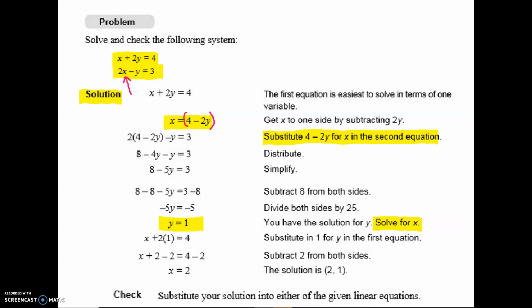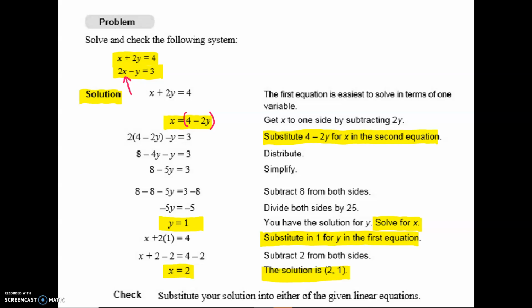So what we can do is substitute our answer for y back into the first equation. That's what they did here, they took the original equation and plugged in 1 for y, and that way we can solve for x. So that means that our solution is (2, 1), and we would still write it as an ordered pair, just like we would if we were solving by graphing.